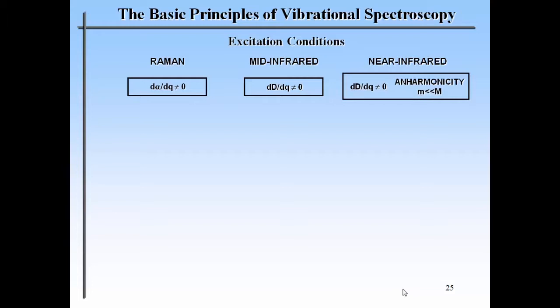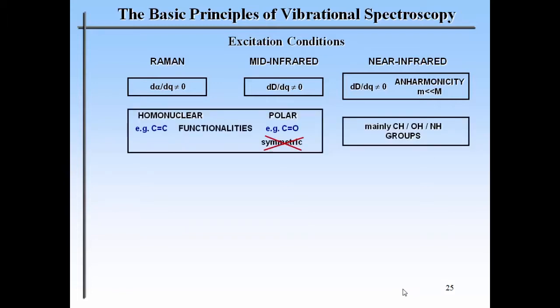You have an electron cloud between these two carbons, and if you deform these two carbon atoms during vibration, you get a very intense signal in Raman spectroscopy. So change in polarizability you need for Raman, change in dipole moment you need for mid-infrared and near-infrared, and there additionally you have to have a large mass difference.